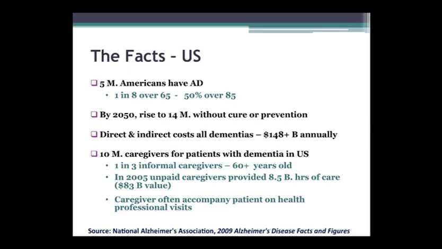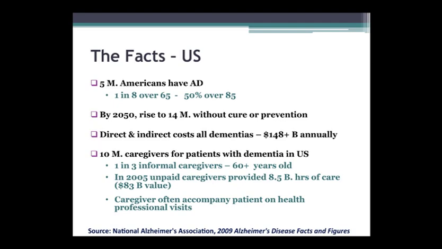One in 8 Americans over 65 have been diagnosed with Alzheimer's disease, and almost 50% of adults over 85, though it varies depending on which group you get information from. This number will definitely increase. The projection is that by the year 2050, 14 million Americans will be diagnosed with Alzheimer's disease.